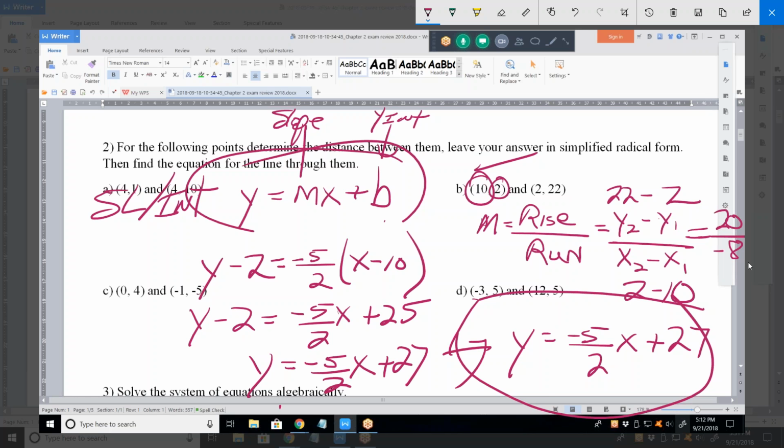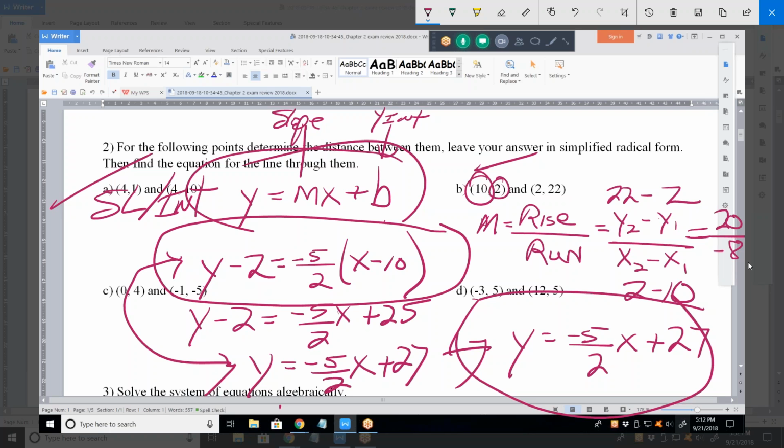Now, if your teacher says, give me the answer in slope-intercept format, you got to do this method. Or you could use the other method and just solve it all the way out, like I just did. In other words, go from this step to this step. But if your teacher says, doesn't matter how you give me the equation, then you can get that in one step, and that is your answer.